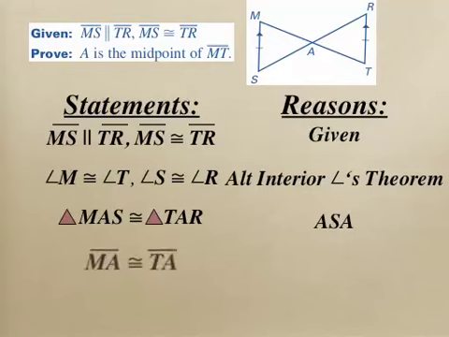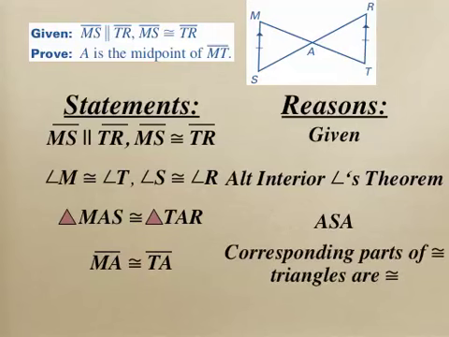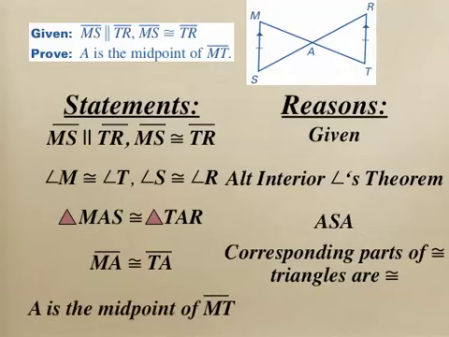So I can say that segment MA is congruent to segment TA because corresponding parts of congruent triangles are congruent. And then because the two smaller segments of the whole segment MT are congruent to each other, I can say that A is the midpoint of MT because of the definition of midpoint. Remember, the definition of midpoint is that it's going to cut a segment into two congruent parts.